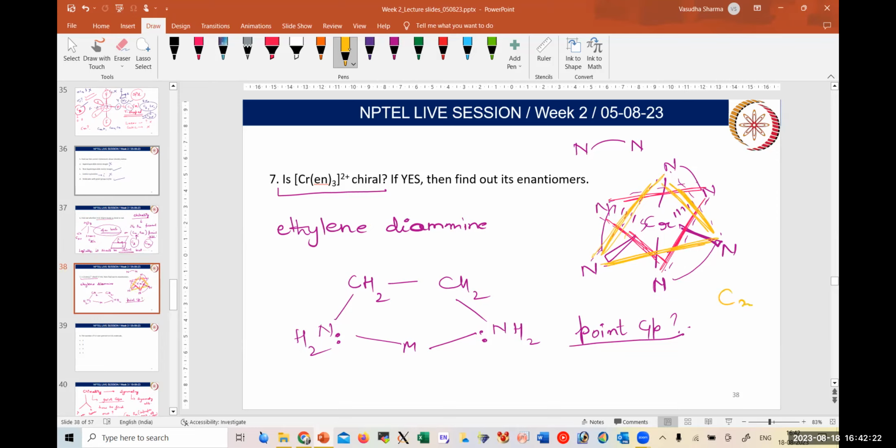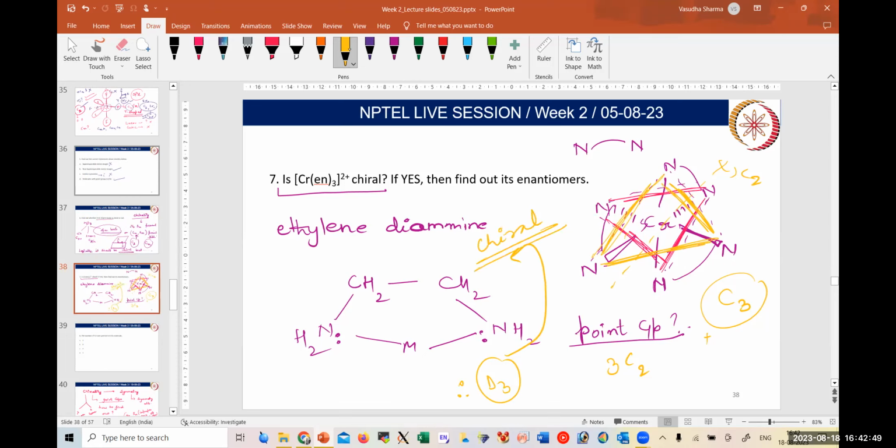So C3 is existing. Now the question is whether three C2s are there to make it a Dn group or not. C2s are also there, passing through like this. So C3 is there, three C2s are there, and no plane is there. Therefore, it has D3 point group. And since it is D3, it is a chiral molecule.